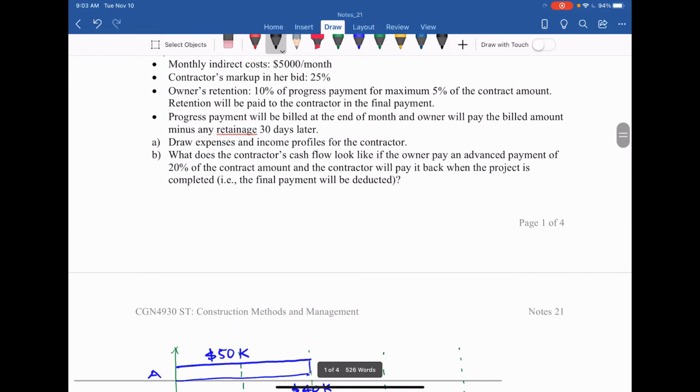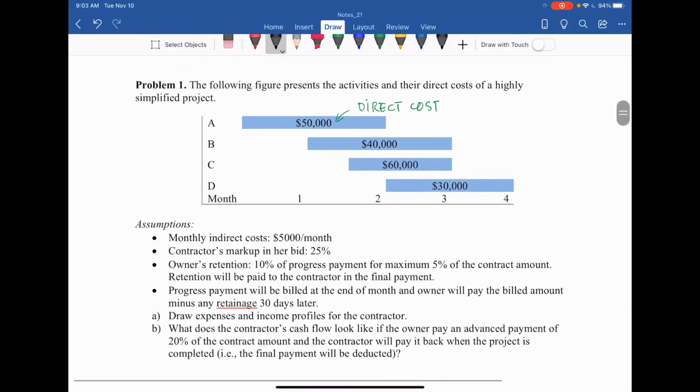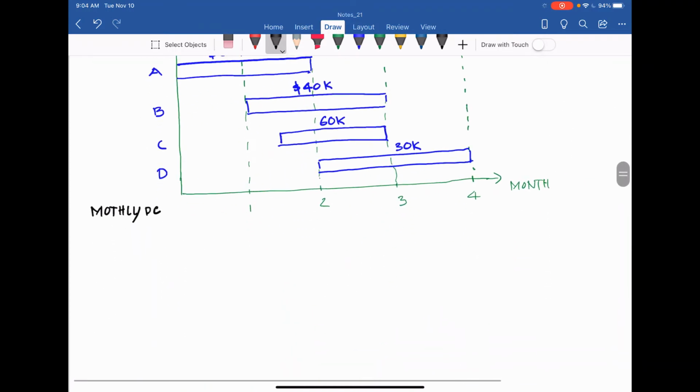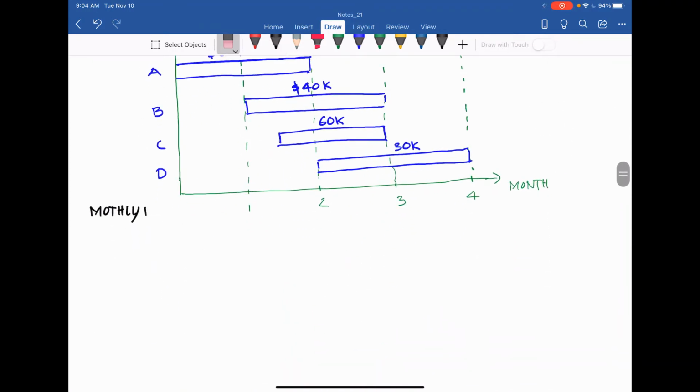Let me put here direct cost, which we call DC, and indirect cost, which we call IC, to make it shorter.